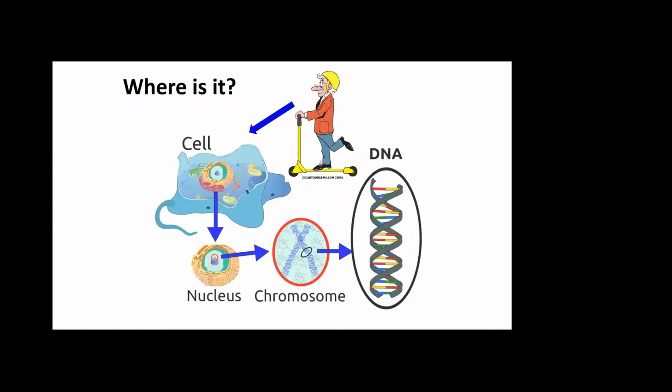So if you then get the chromosome and you unscrunch it, you end up with this structure here, the molecule of DNA. Does anyone know what it is called?